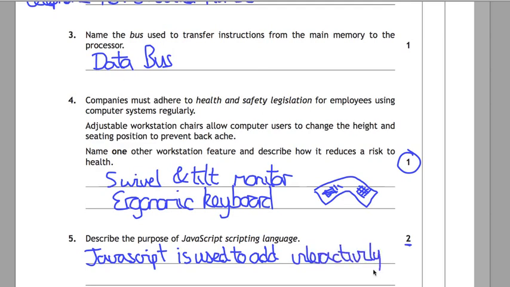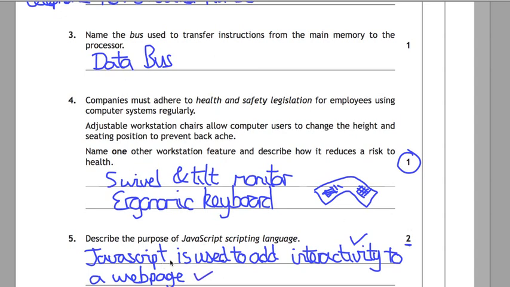That just means it gives a platform for the user to interact with a piece of software. Now that would be for 1 mark. For the second mark, well, what's it adding that interactivity to? And it would be a web page. So that's for your second mark.